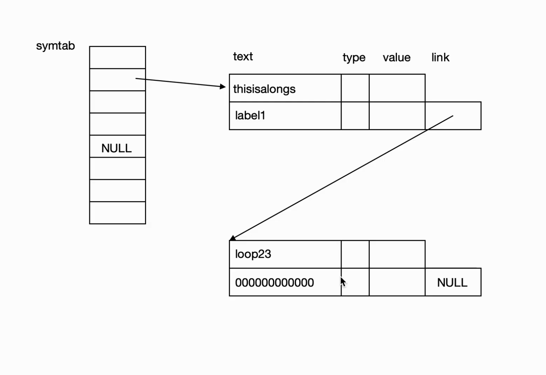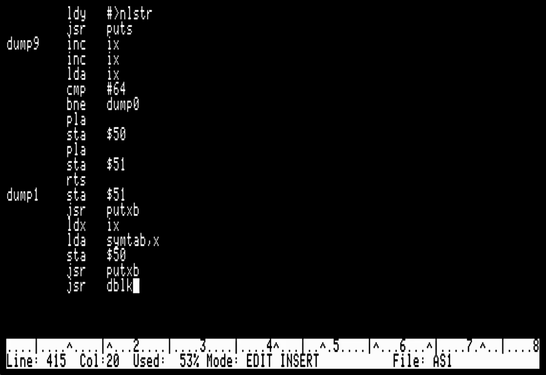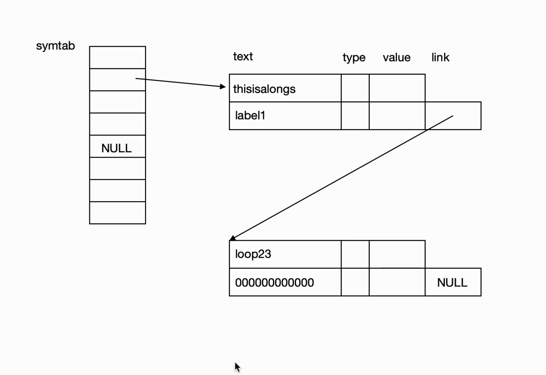What I mean by block is one of these things here. All right, and after we do that, I think we can just go directly to dump 9. So what D block will do, actually, maybe D block is not the right name for it. We need a routine that's just going to dump this entire chain, no matter how many things are in it.